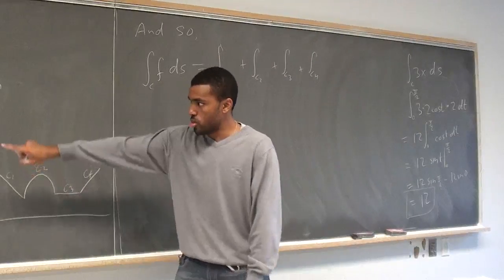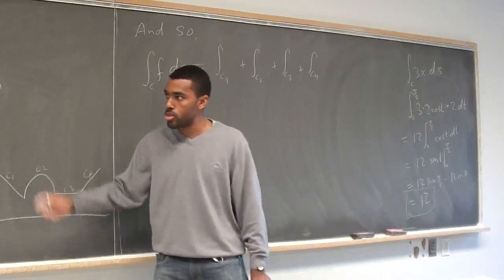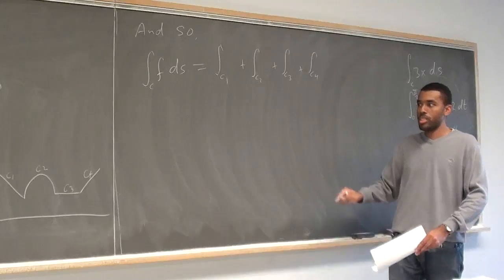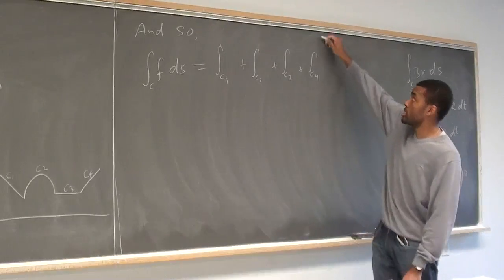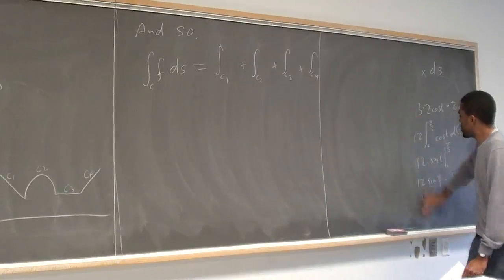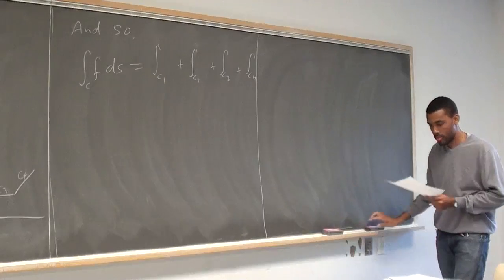So that's how you deal with things that are not smooth in general, but that are piecewise smooth. And I'll never give you a worse situation than this. There's always going to be a situation where you can break it up into things that you can parameterize nicely and integrate over. So let's do an example of that one.